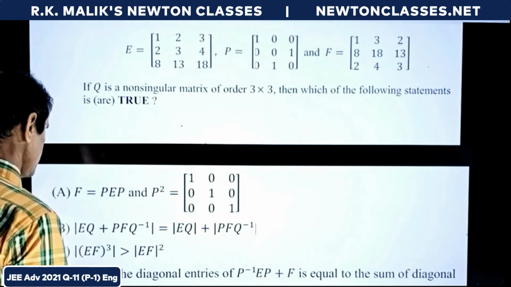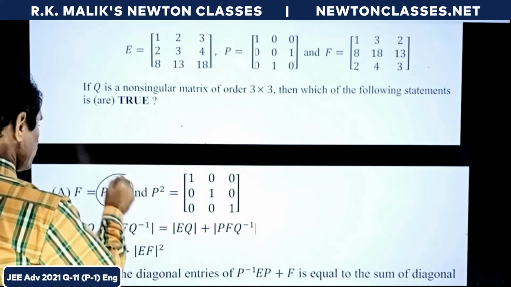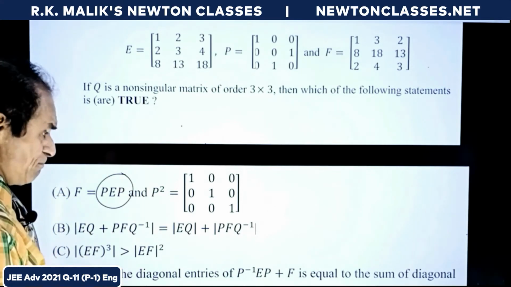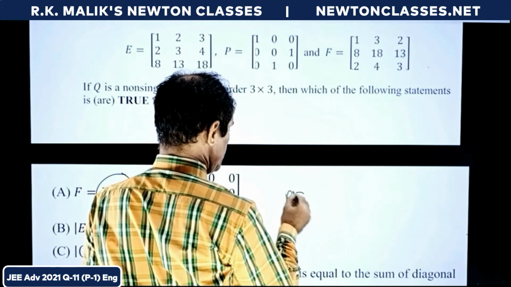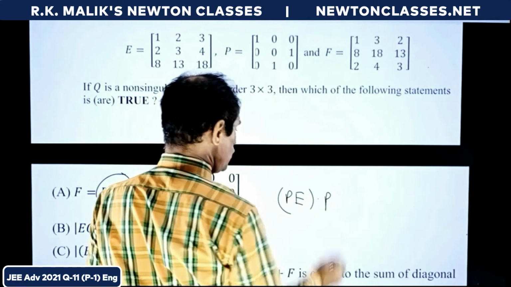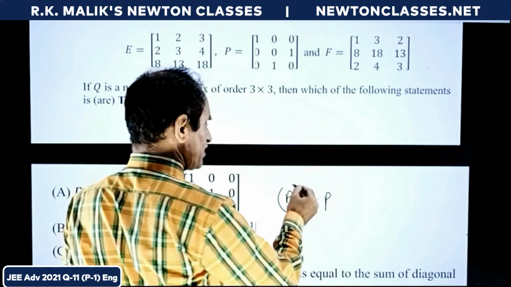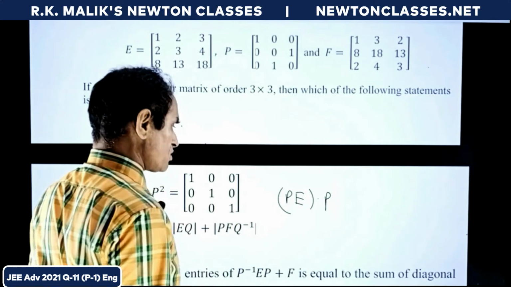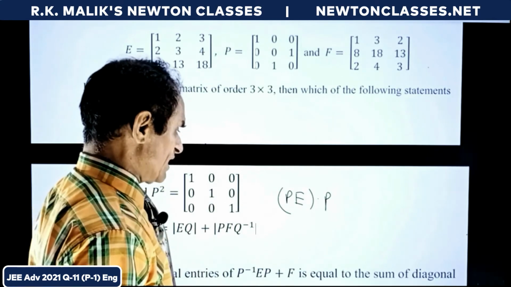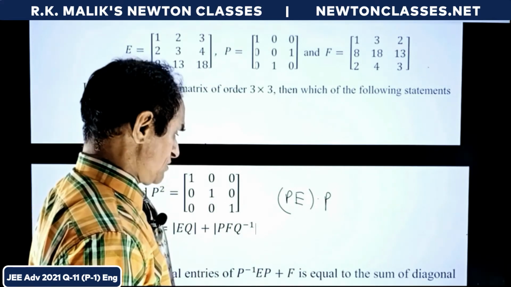For checking the choice A, first I have to find the value of PEP. PEP means PE into P. We can also say P into EP. That is also correct because associative property is satisfied by matrices.